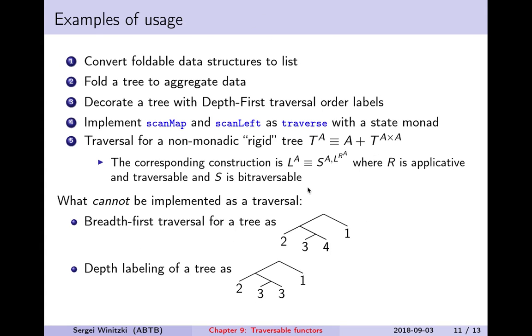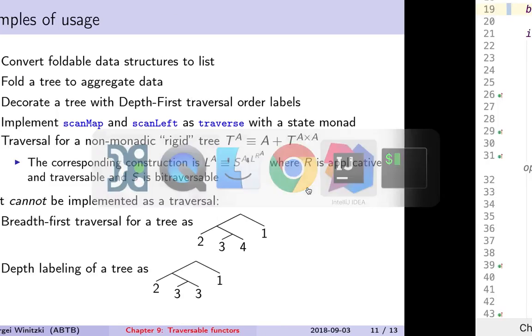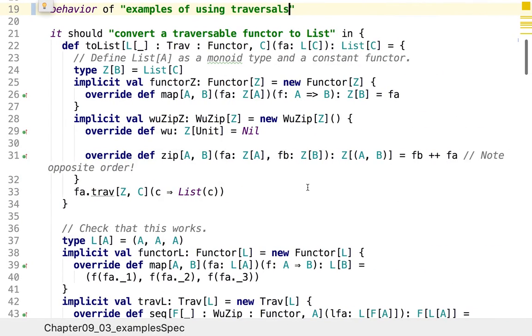Let's look at some examples where we use traversable functors. The first example is how we can convert any traversable functor data structure to a list. To do that, we will have a trick: we will define a list as a monoid, not as a type constructor, but as a constant type.